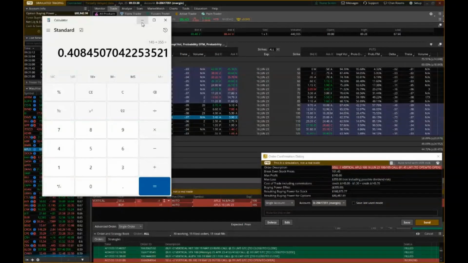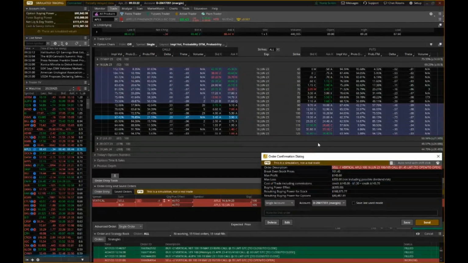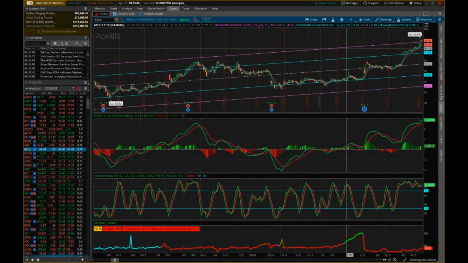So 145 divided by 355, 40-cent return on capital. Of course, because we're taking on more risk, because it's closer to being in the money, the greater the credit. So at the 100 strike, it's saying a 72.5% probability out of the money, but it's way up there.